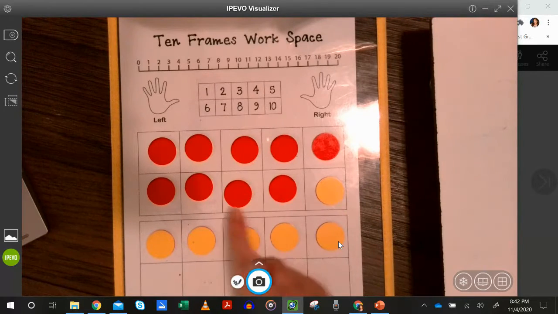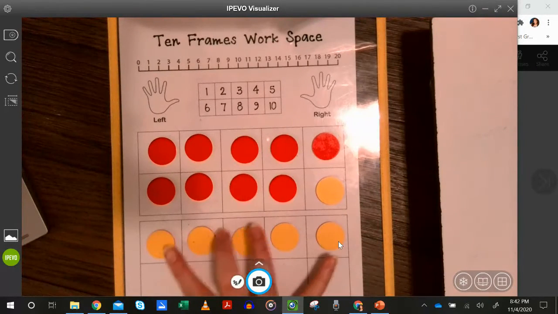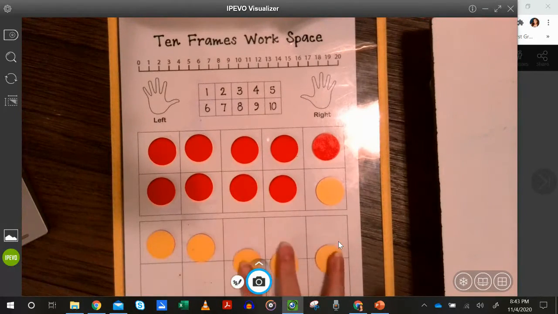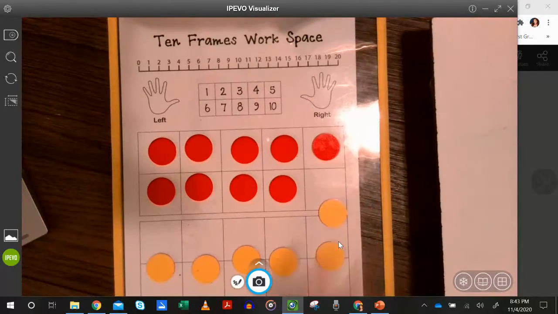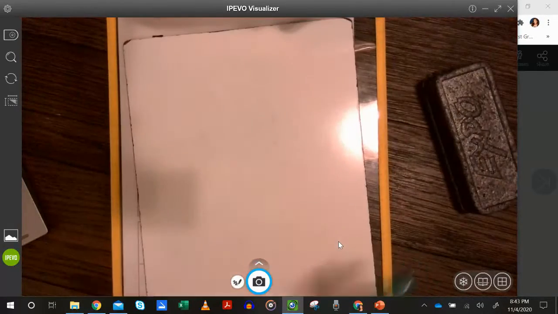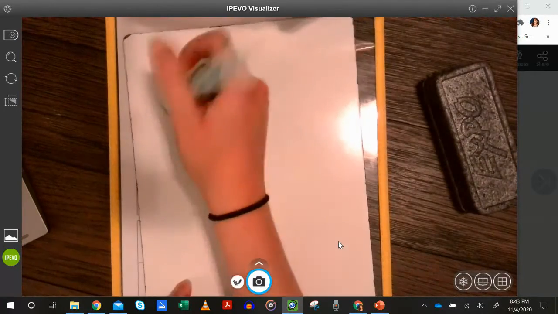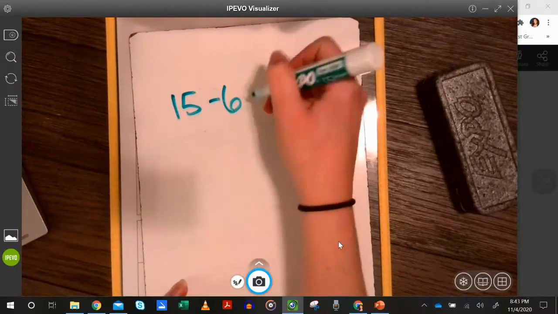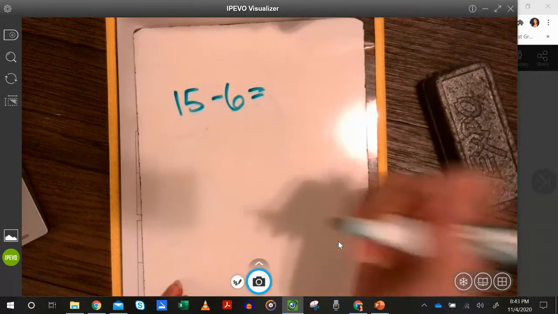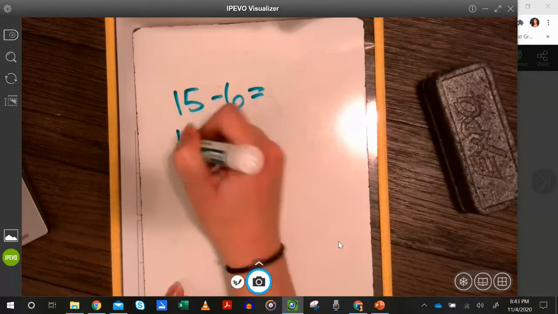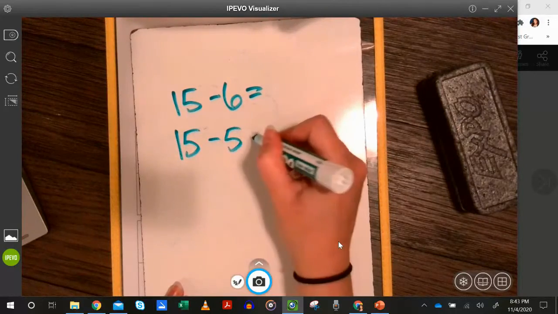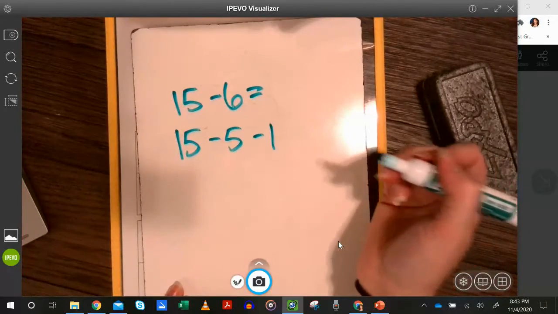When I did 15 minus 6, I show in this picture that I have a group of 5 here and 1 more. So I could write it out. 15 minus 6 is the same thing as 15 minus 5 and minus 1 more.